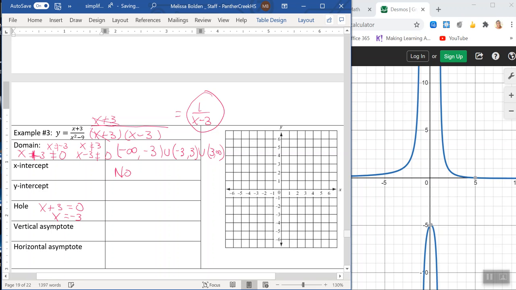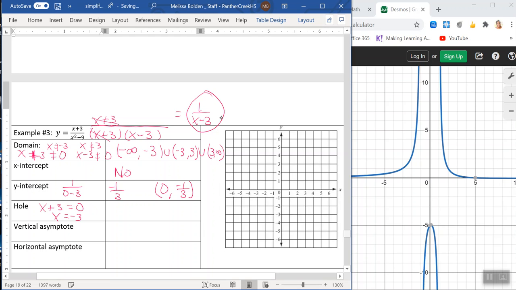My y-intercept, again, we ignore the part that cancels out. So I'm going to make x 0 again. I have 1 over minus 3, so my y-intercept is -1/3. Writing that as an ordered pair would be (0, -1/3), because remember, it's x, y. We already talked about how we have a hole at -3, but we have to see what the value of that hole is.